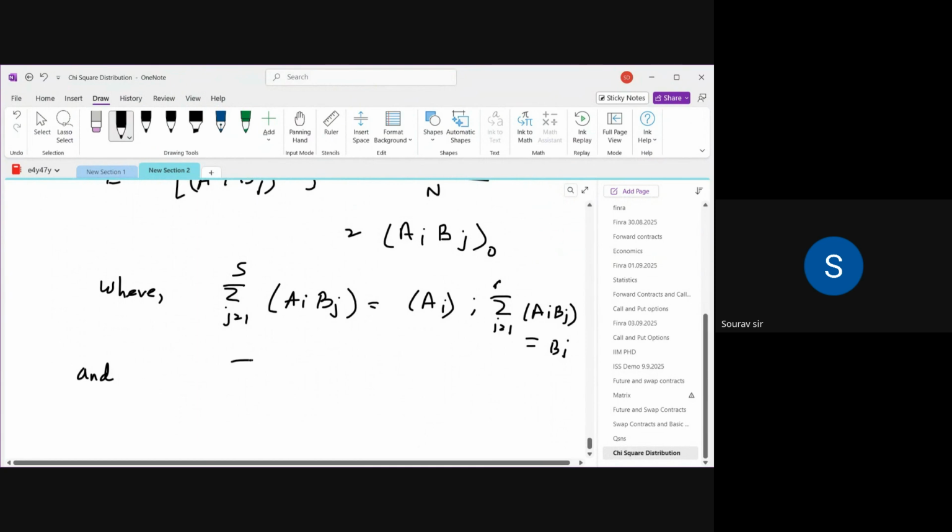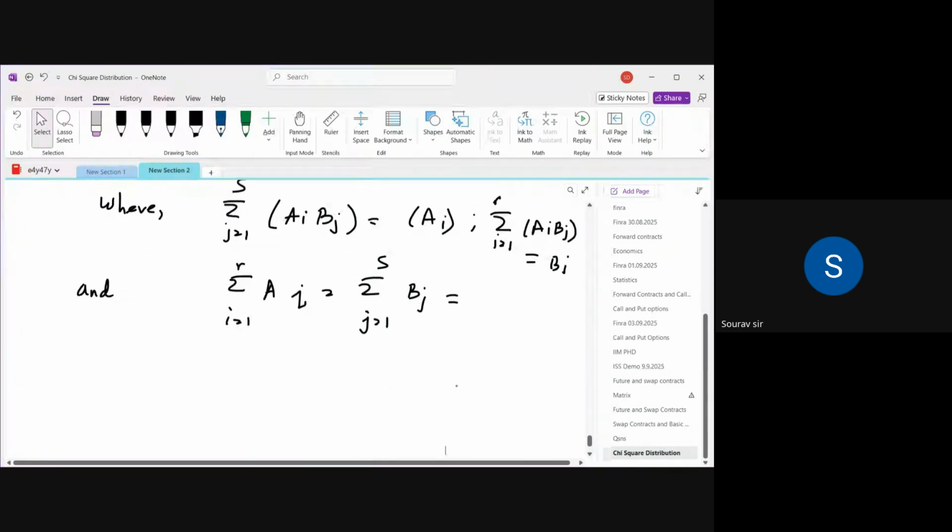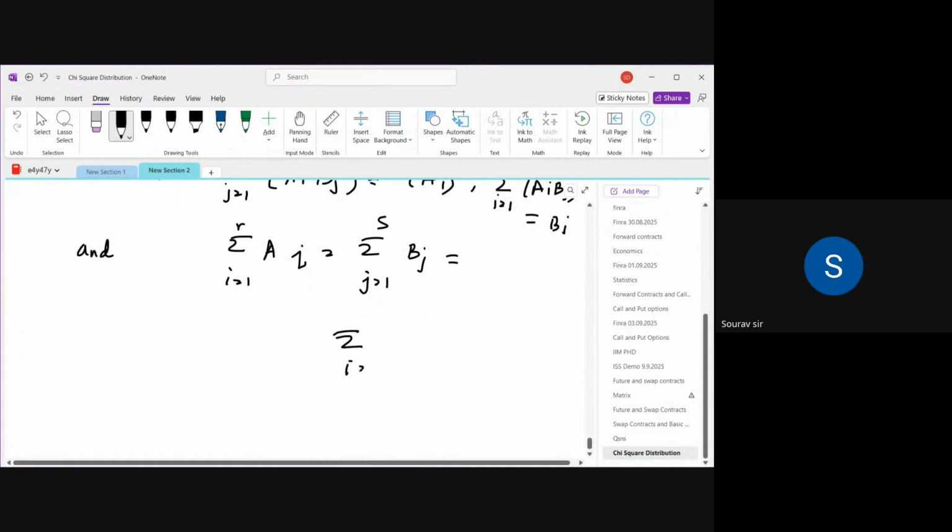So we are taking this: summation i is 1 to R, Ai is equal to summation j is 1 to S, Bj. We combine R and S, so we write the double summation of AiBj, that is equal to N.